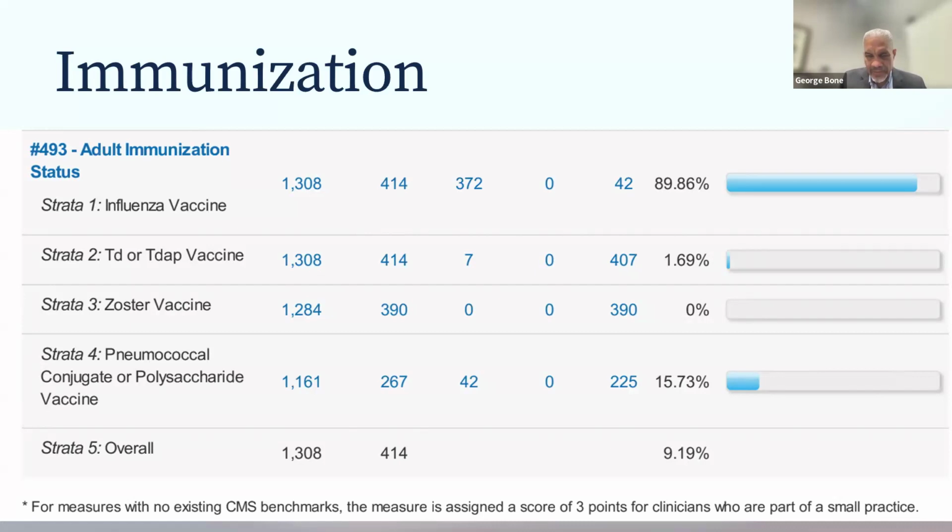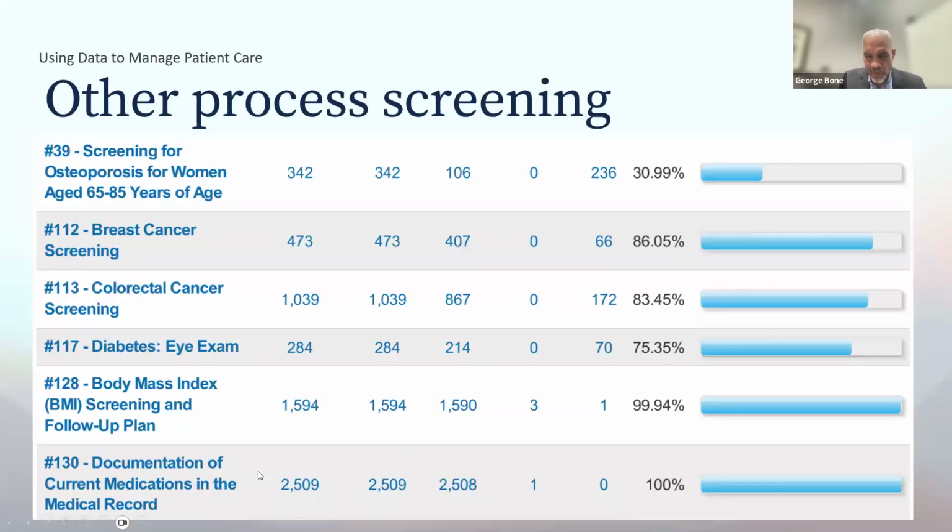Next slide. For breast cancer screening and bone density, compared to the expected standards, we're doing very well with 86% mammogram reporting, colon cancer screening at 83%, and diabetic eye examinations.